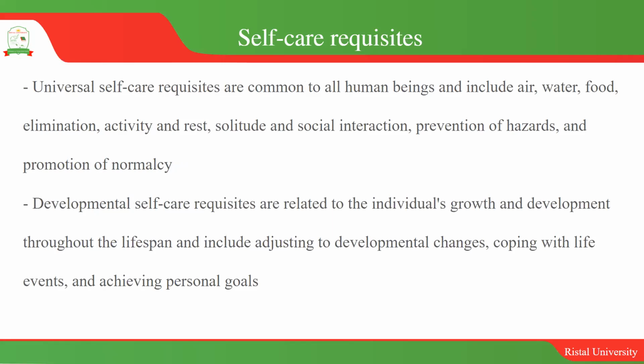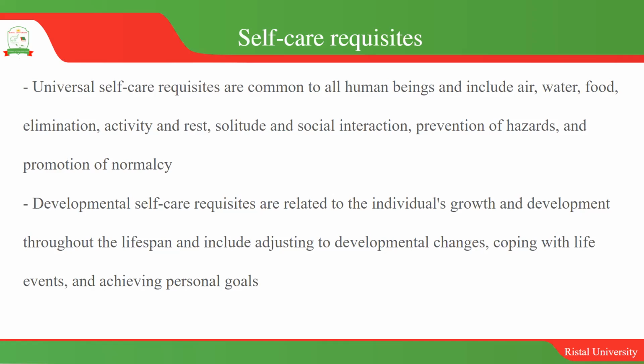requisites. When we talk about universal self-care requisites, these apply to all human beings. All human beings need to eat, they need to breathe, they need water, they need to eliminate. That is, they can pass urine and feces in a normal way. That is elimination.